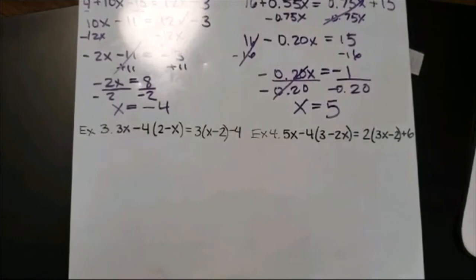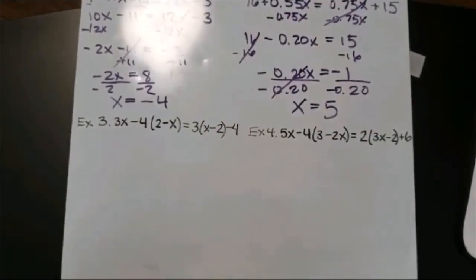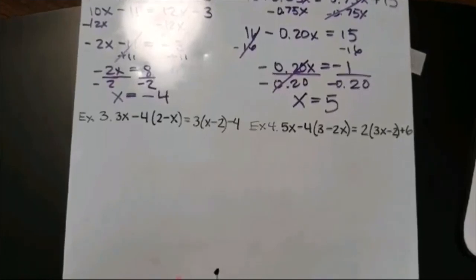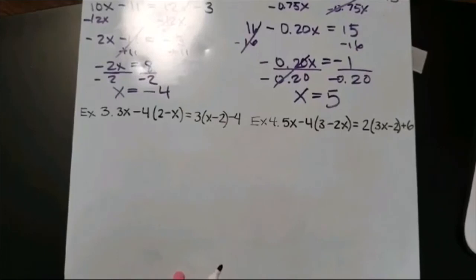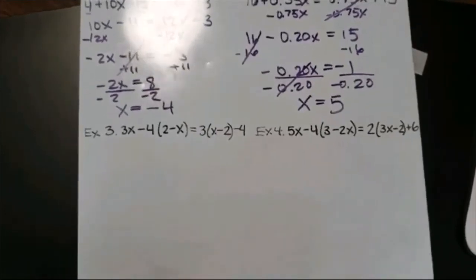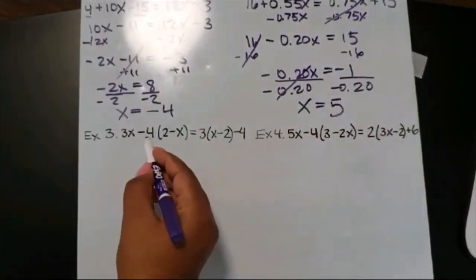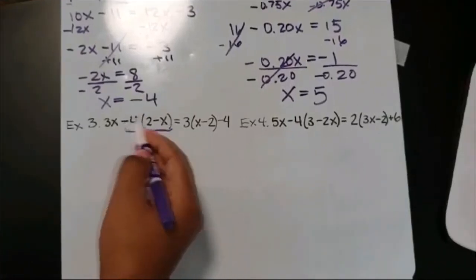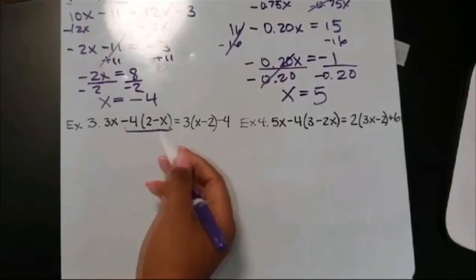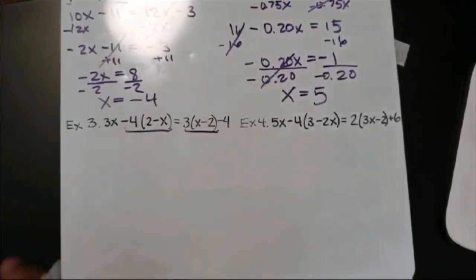For example 3, we have 3x minus 4 times 2 minus x equals 3 times x minus 2 minus 4. All right. So we have some parentheses and we have a number in front of them, which means we need to distribute the negative 4 here to both of those terms and distribute the 3 here to both of those terms.